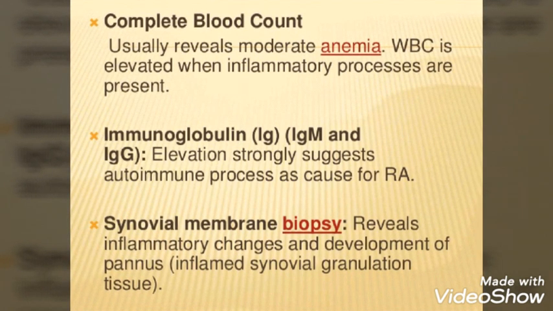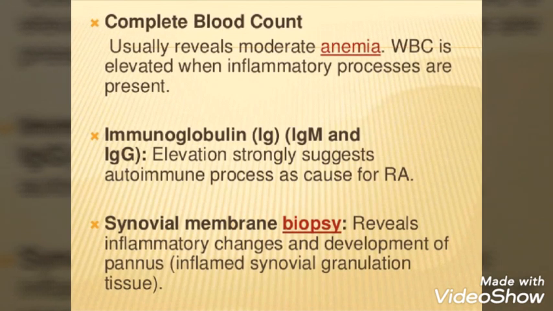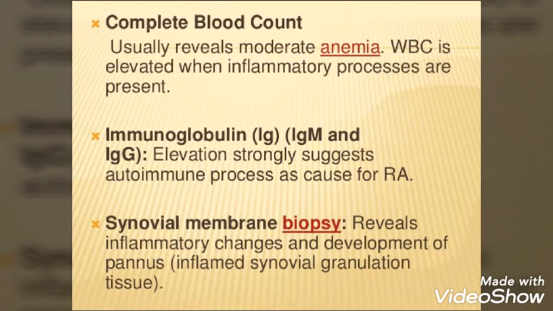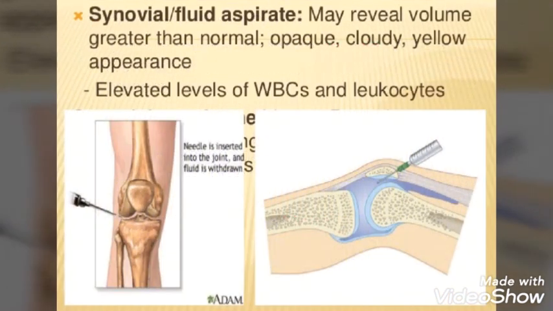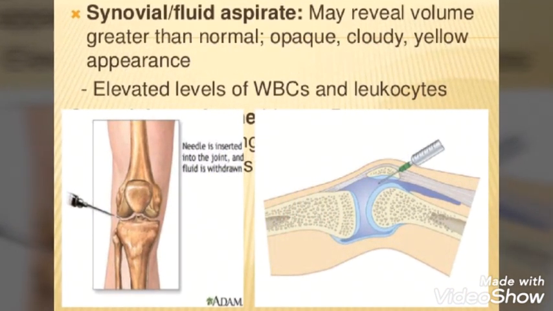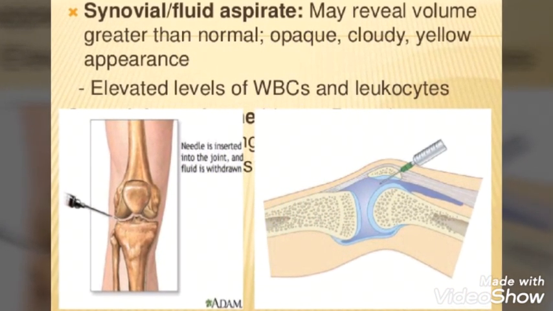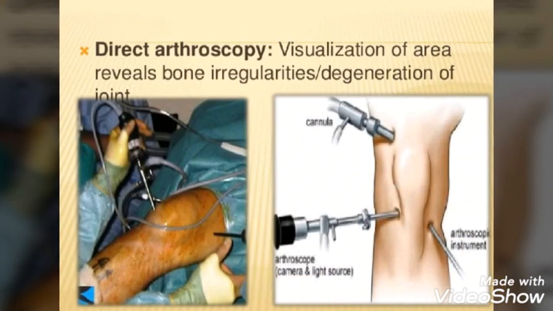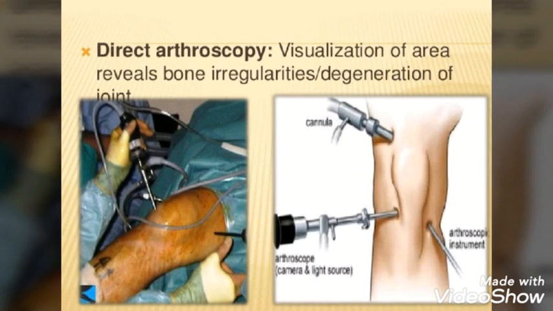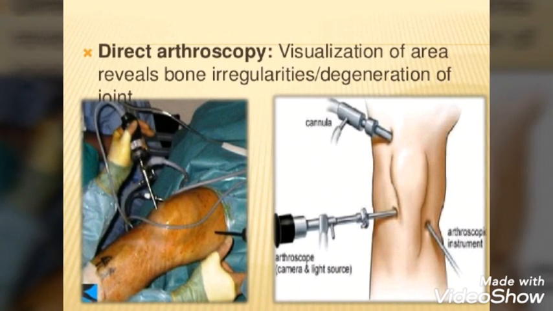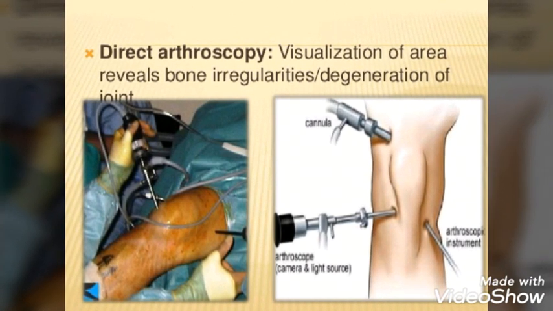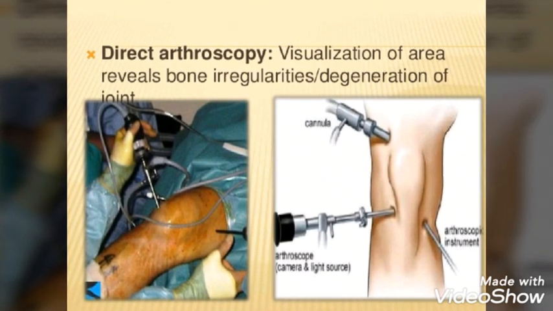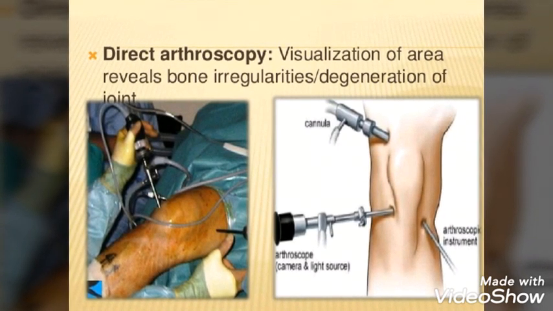Then synovial membrane biopsy, you will be taking the synovial membrane and testing it. Then the next is synovial fluid aspirate. You will be aspirating the synovial fluid from the middle of the joints. Then you will go for direct arthroscopy. In direct arthroscopy you will be seeing the irregularities and degeneration of the joints.